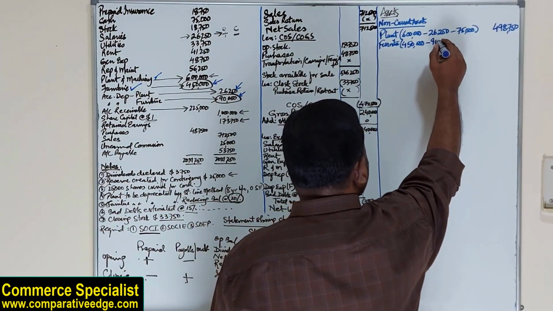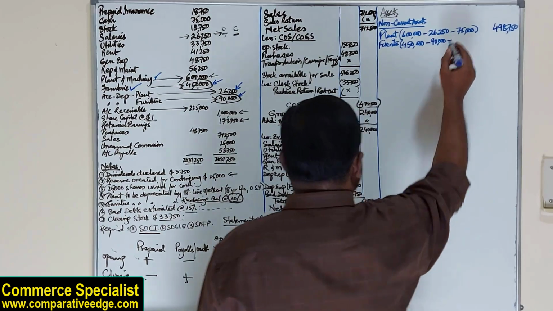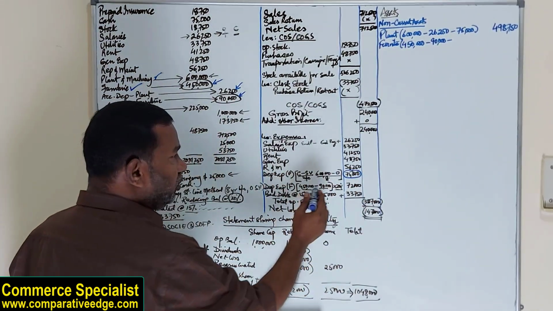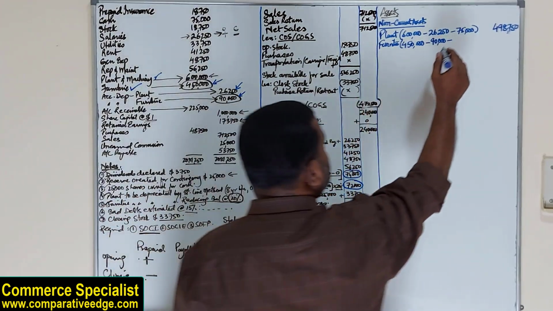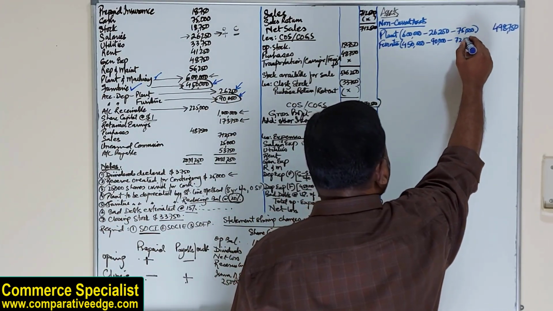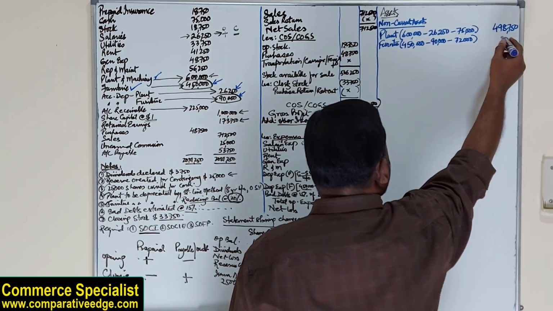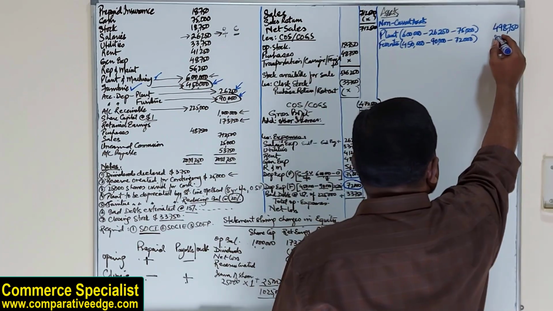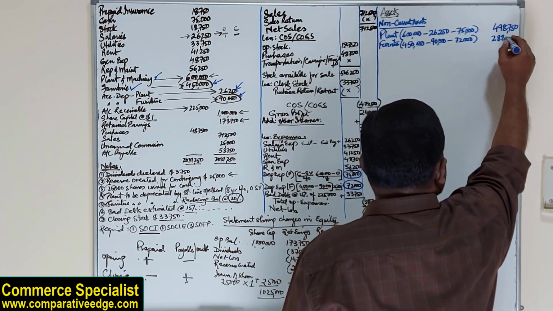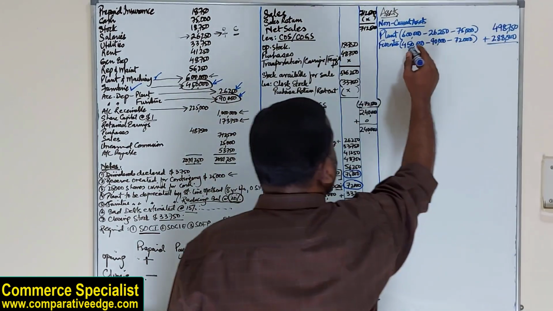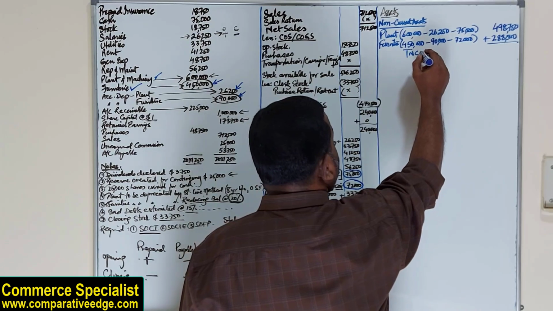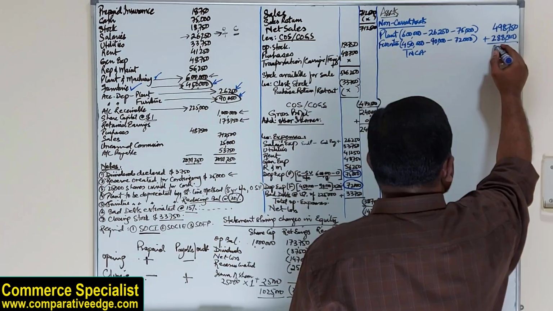You subtract that. Current year depreciation on furniture is 72,000. So you minus 72,000. You will get net book value, which is 288,000.